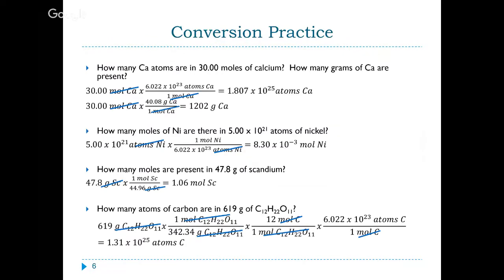So some conversion practice. How many calcium atoms are in 30.00 moles of calcium? How many grams of calcium are present? So I always start with my given information and I set up my picket fence. So I start with 30.00 moles of calcium because I want to find atoms. I know that if I have a mole of calcium here, it has to go on the bottom here, so it will cancel.